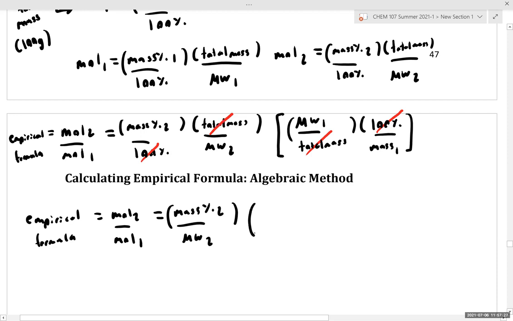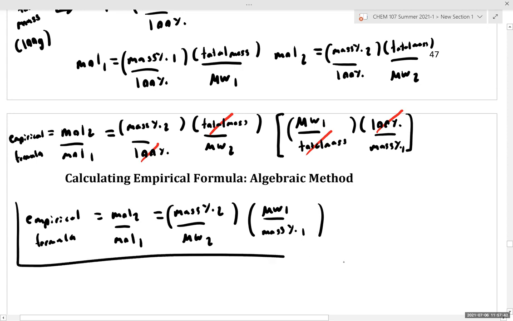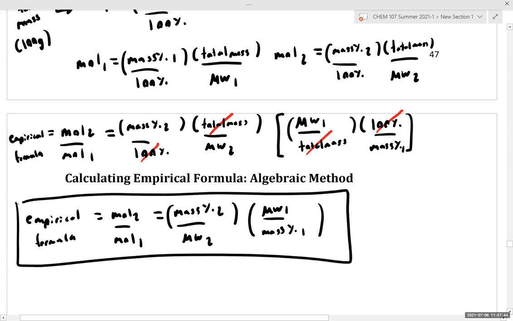We can calculate our empirical formula by taking the ratio of the mass percentage over the molar mass. So we've seen algebraically that we can solve for the mole to mole ratio, and we can get a very simple equation to calculate the empirical formula from the mass percentage and the molar mass.